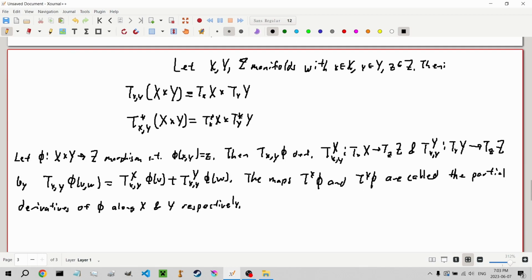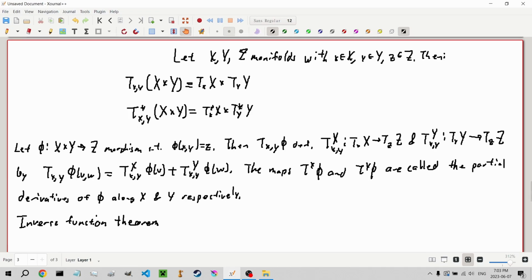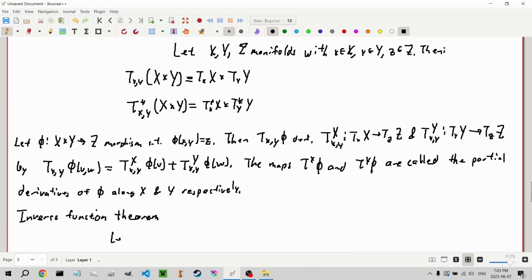Our next topic then, and hopefully our last one for today, is going to be on the inverse function theorem. We're going to let x be in X and f_i, for i from 1 to m, be analytic functions on a neighborhood U of x.